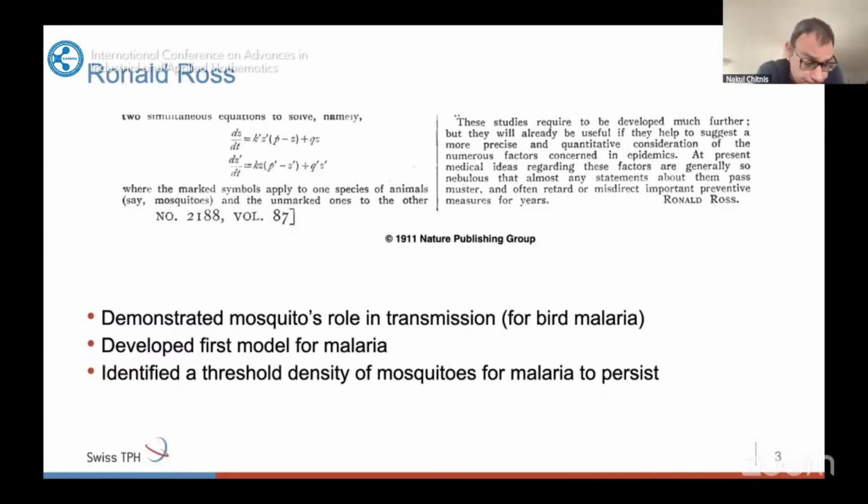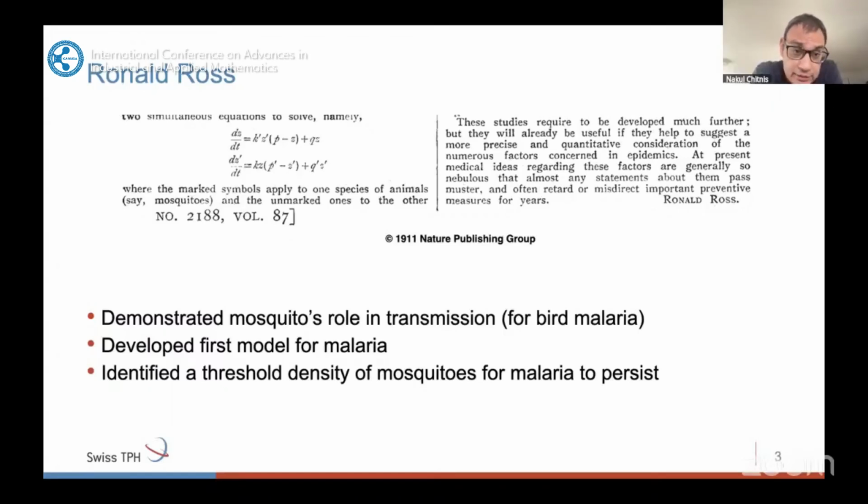Ronald Ross was the first person, first of all, to demonstrate the mosquito's role in transmission. Before him, the mosquito was not identified as the host of malaria. Ronald Ross did it for bird malaria, and this was later followed by someone else showing that mosquitoes were responsible also for human malaria. And Ronald Ross is known for developing the first model for malaria.